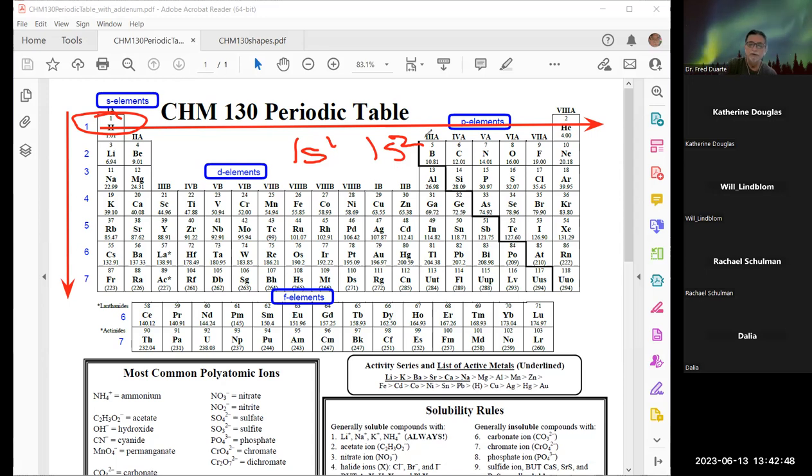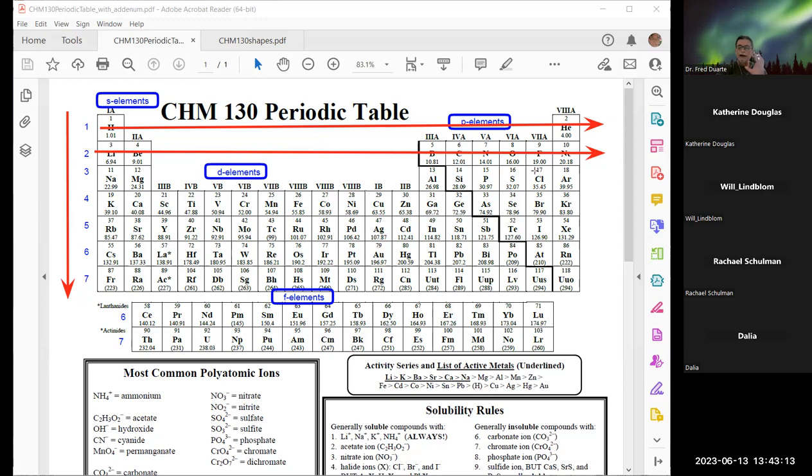Now, as we proceed to the higher and larger elements, we go to the second energy level. If you notice, I have labeled the elements in specific areas as the S elements, which represent the first 2 columns.